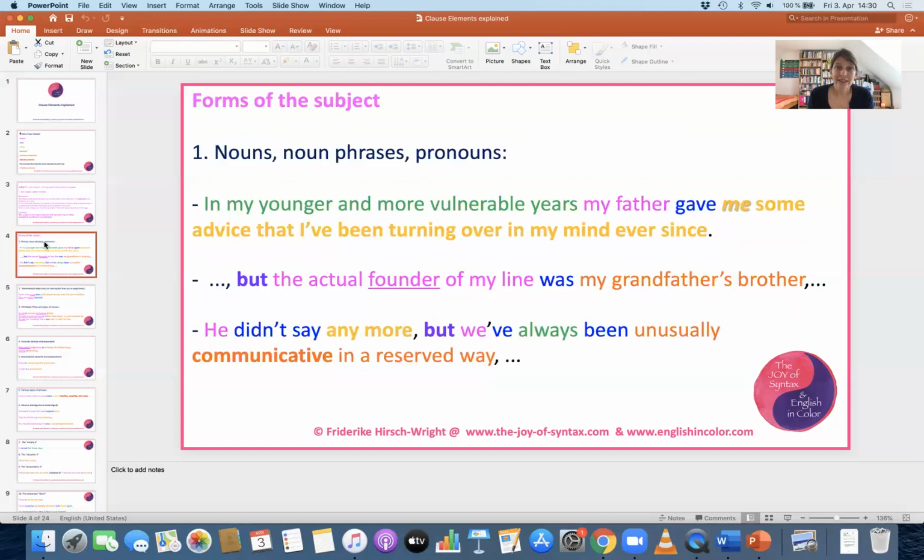Now there are various forms of the subject. So remember I told you that it's so important to distinguish between the form of something and the possible functions that this structure can perform. And here are various forms that in these sentences that I'm going to give you perform the function of a subject.